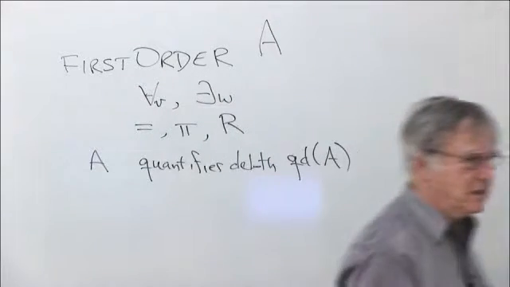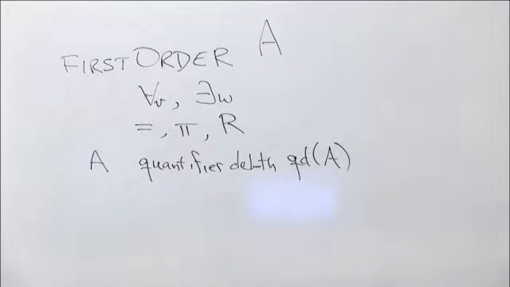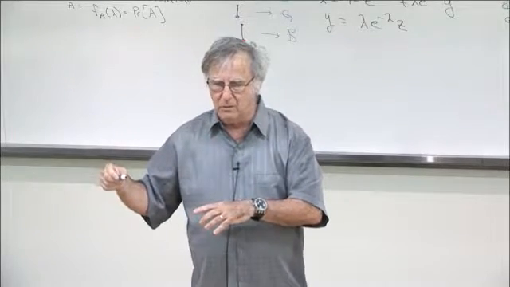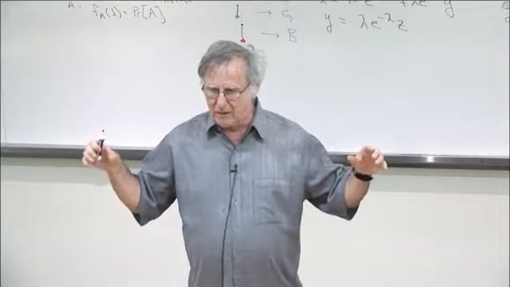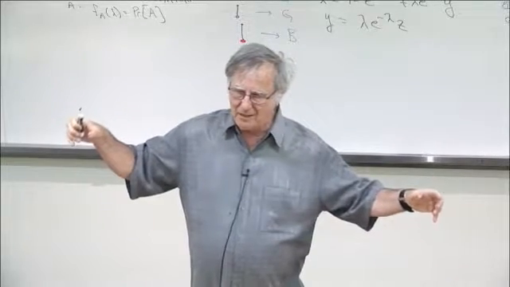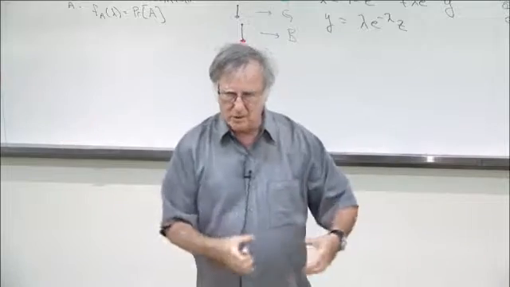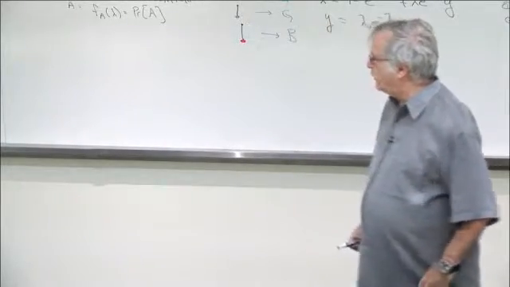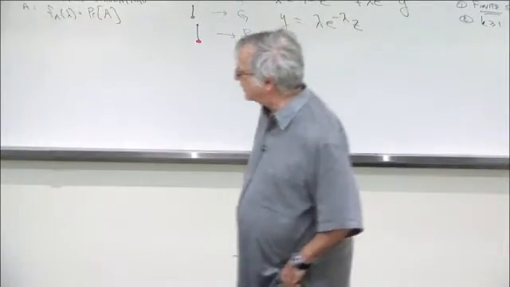So you look at the sentence A, and you look at the degree of nesting of the quantifiers. So if you say for all x there exists a y, blah, blah, blah, and for all z there exists a w, blah, blah, blah, the quantifier depth is 2 because the z and the w aren't inside the x and the y. So it's a notion of nesting.